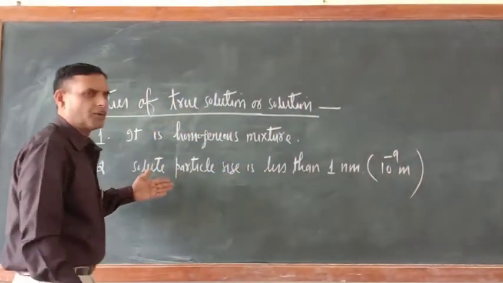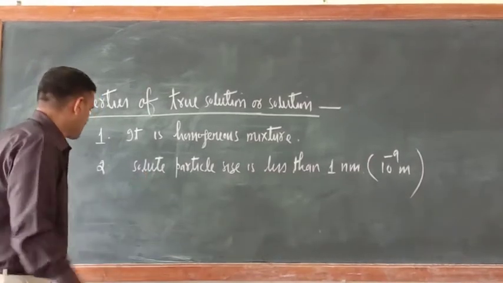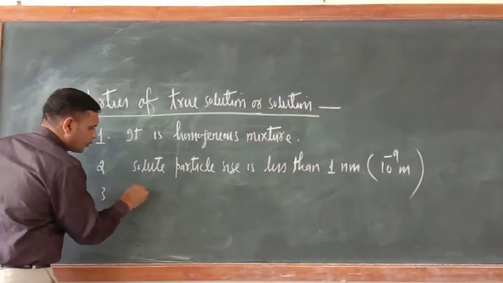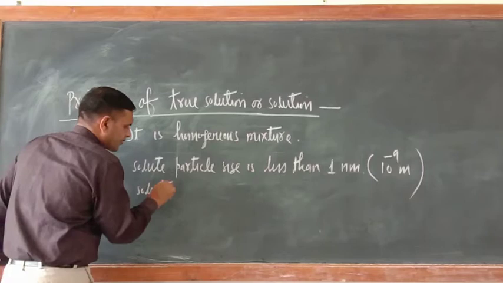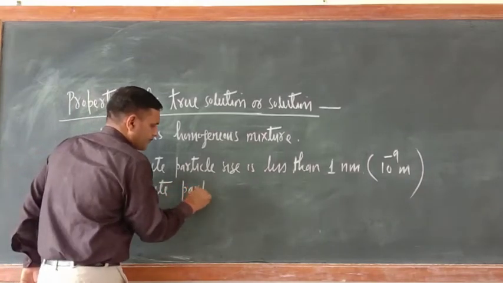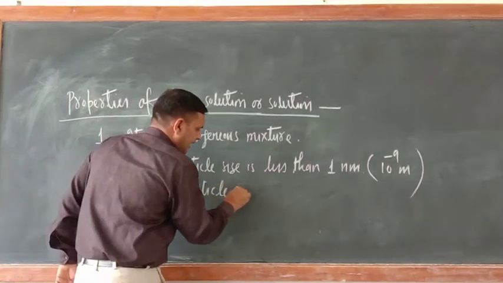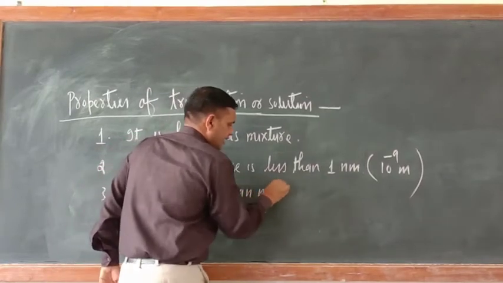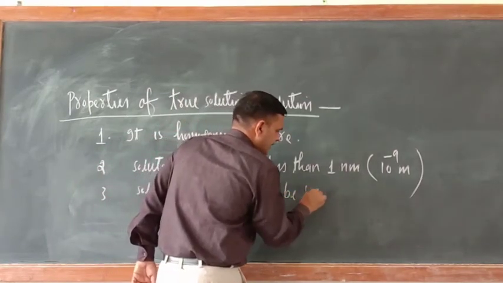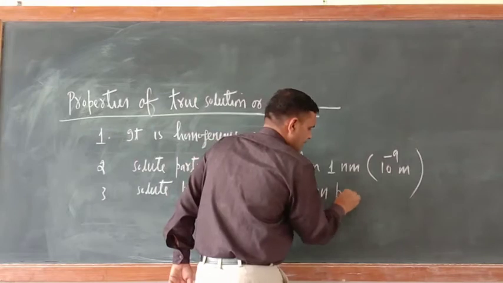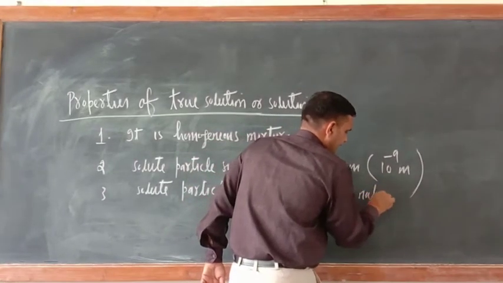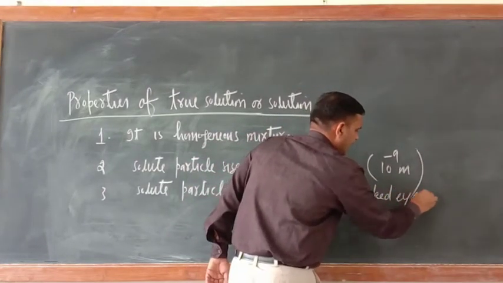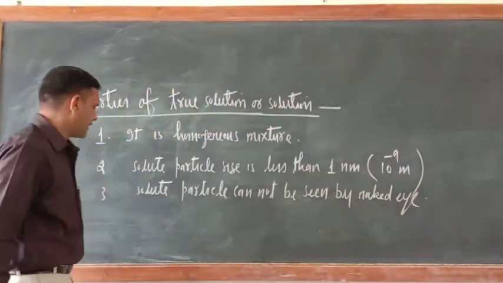So solute particles are so tiny. Third one is solute particles cannot be seen by naked eye.